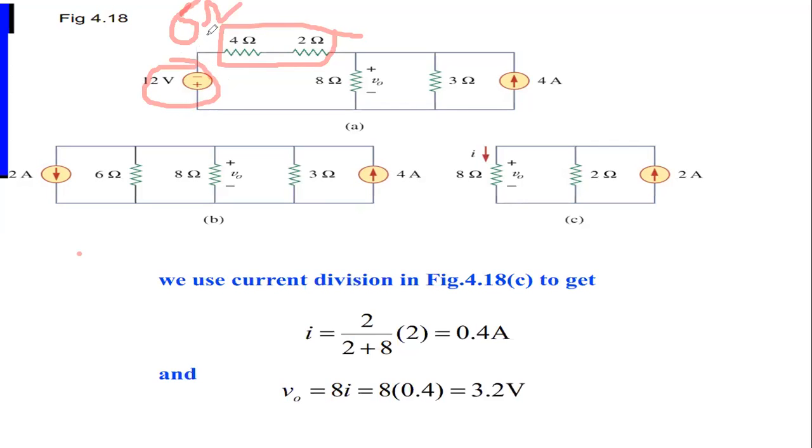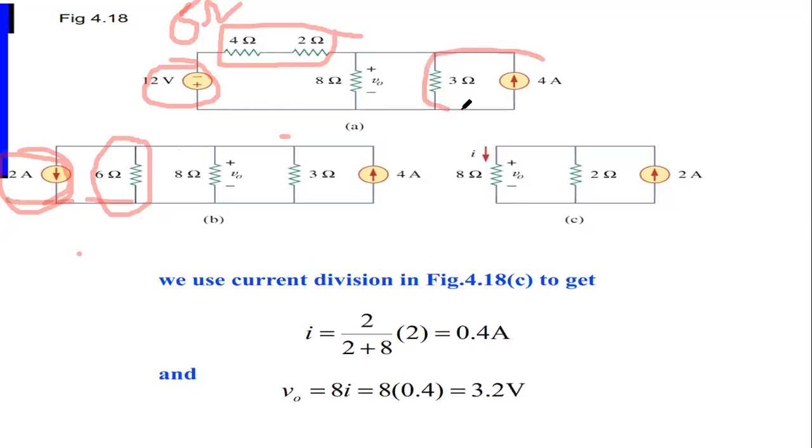So 12 volt divided by resistance 6 ohm will give me 2 ampere current. Again, the direction will be downward, and this 6 ohm resistance will come into parallel. So we have a 2 ampere current source along with the parallel resistance, and all other things are intact.